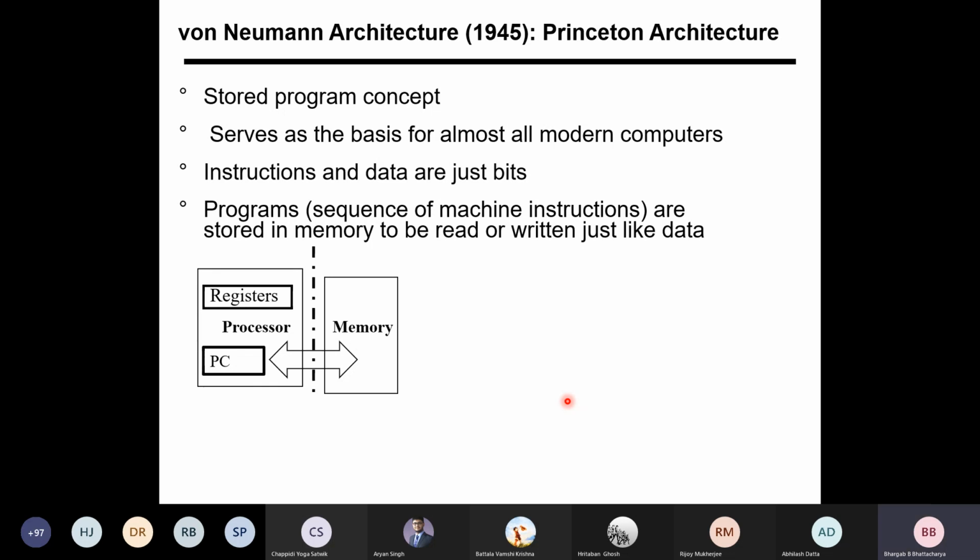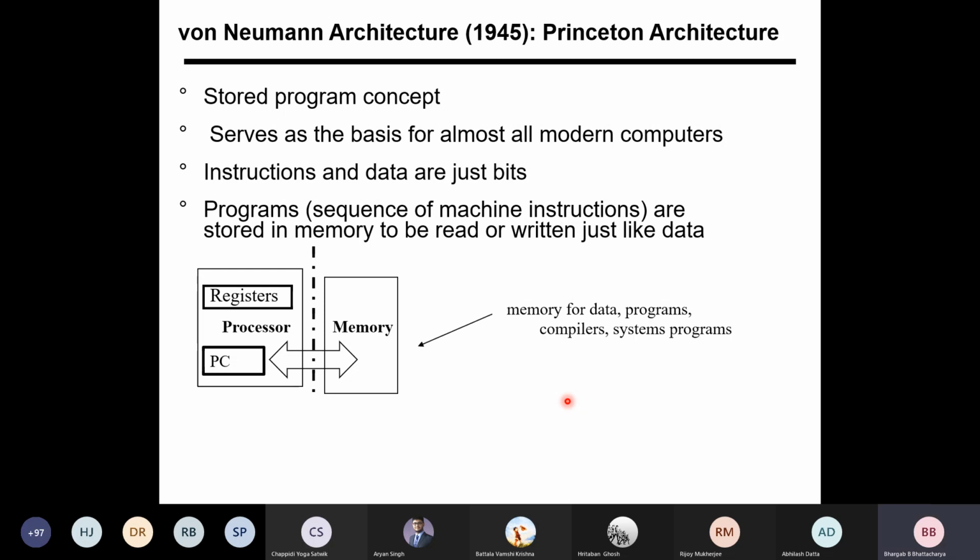But how do we then interpret these bits? That you do in terms of a sequence of machine instructions, which is stored in memory, just like data. So you run those instructions from memory and keep on executing one after another, and in the process, these binary bits which you access from memory would be interpreted correctly one after another.